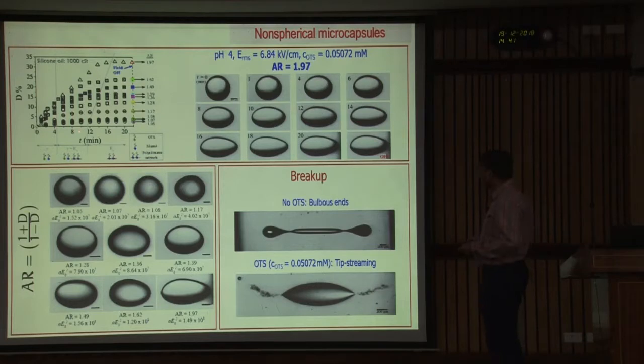If you put a droplet of water in oil with OTS and apply an electric field, the capsule deforms because the hydrolysis step is slow, and then simultaneously condensation takes place. At the end of around 20 minutes you switch off the field, the capsule gets arrested in the non-spherical shape, and we could get several capsules of anisotropic shapes.